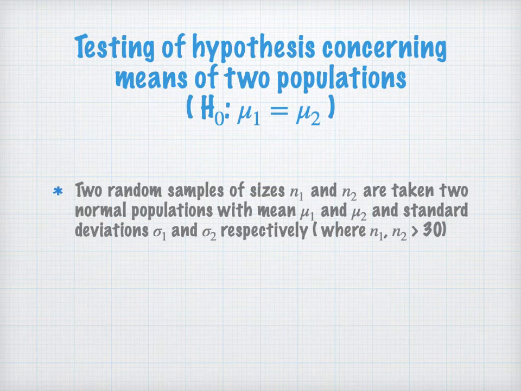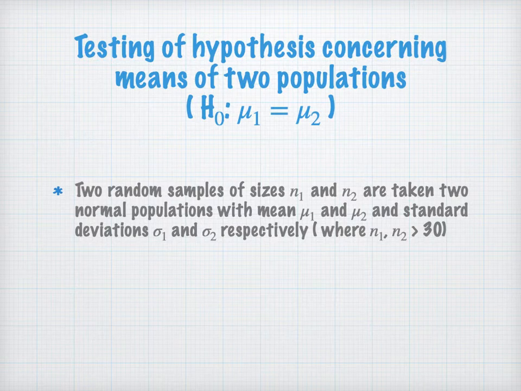Now, as we have told, we have to test whether the means of the two normal populations are equal or not. Therefore, we have to take two random samples, because based on these samples we are going to come to an inference.